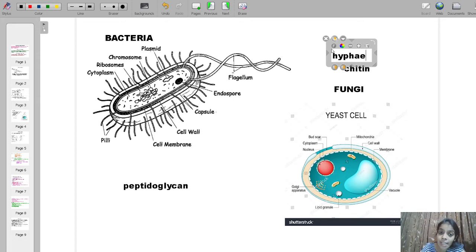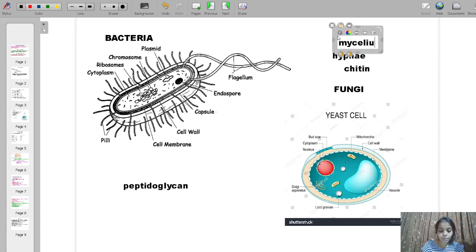Hyphae are slender filamentous structures which actually make up a mass of fungi. When many hyphae interact with one another, they form a network-like structure, and that network-like structure is called mycelium.